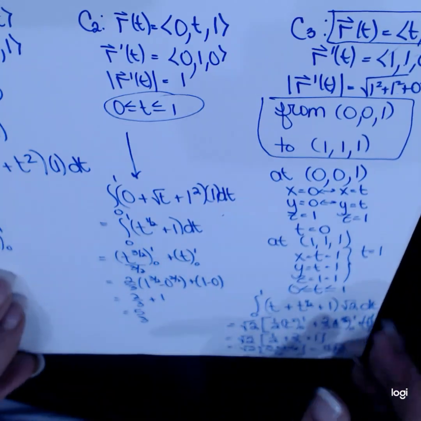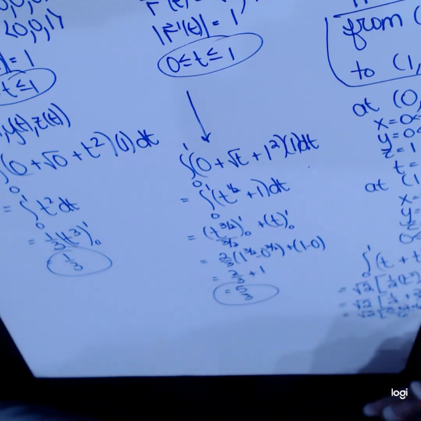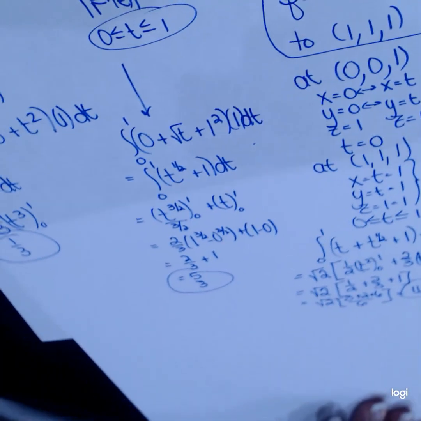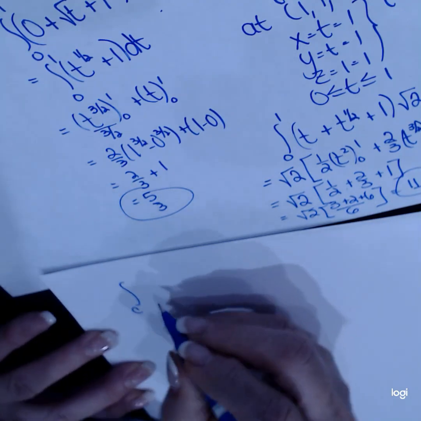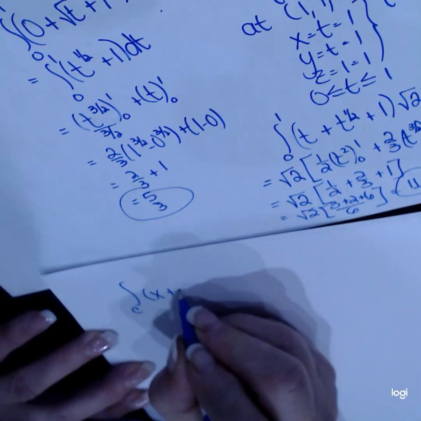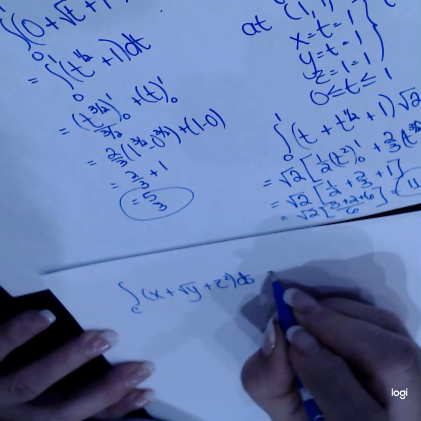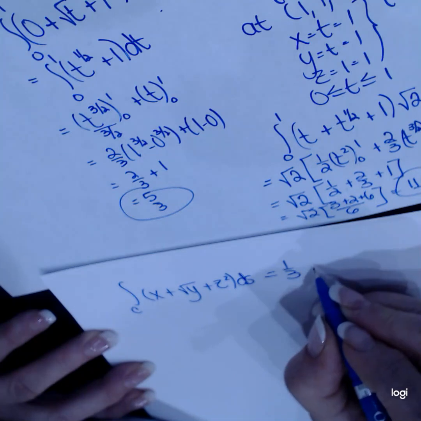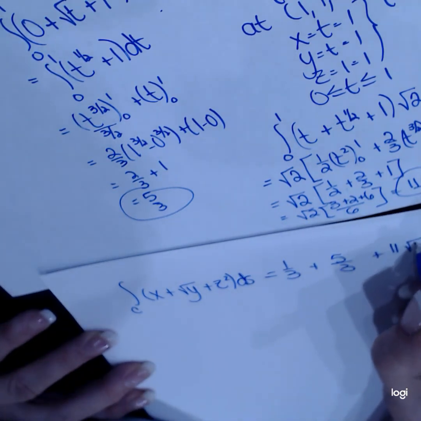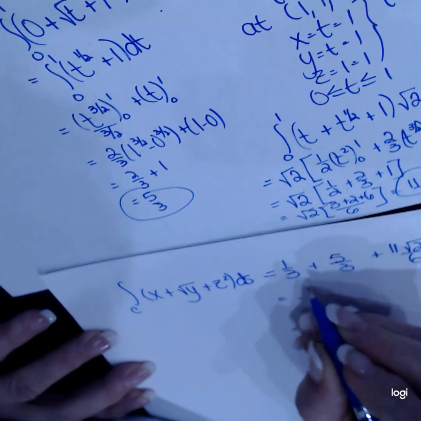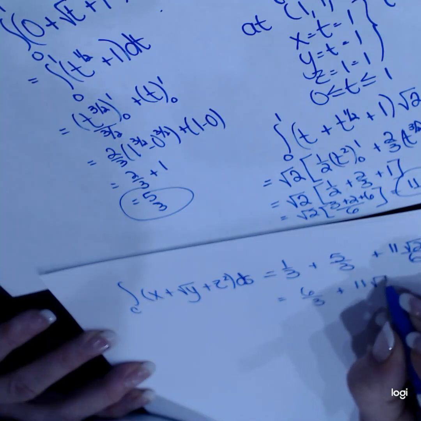So putting all three of these together, remember we had our three results from each of our piecewise smooth sections. We get then that the integral of the function x plus the square root of y plus z squared ds will be the sum of 1/3 plus 5/3 plus 11 square root of 2 over 6. 1/3 and 5/3 is going to be 6/3 plus 11 square root of 2 over 6.